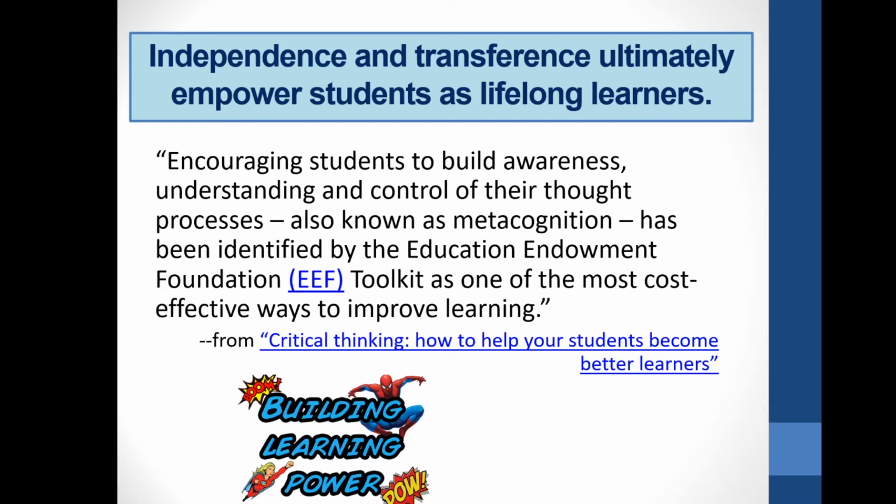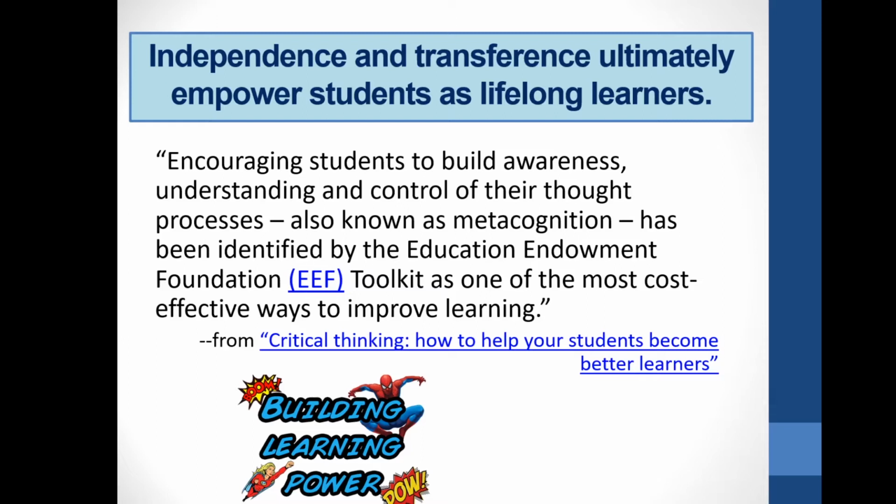And metacognition has been identified by the Education Endowment Foundation Toolkit as one of the most cost-effective ways to improve learning. And there you see the resource that came from Critical Thinking, How to Help Your Students Become Better Learners. What we're talking about is building the learning power.